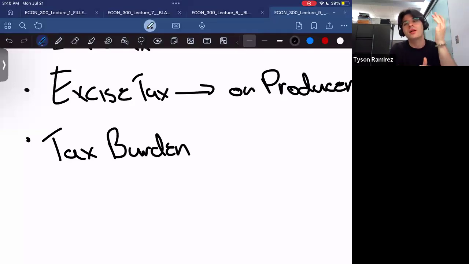If something costs $100 and they add a $10 tax, is the new price 110? It could be if we want to make the consumer pay for everything. But what if the producer doesn't want to do that? Maybe they say, I'll only pass on $5 to the consumer and I'll take a $5 hit. That could very well happen as well.